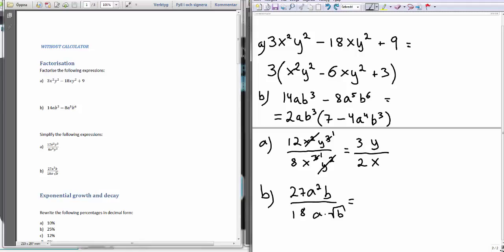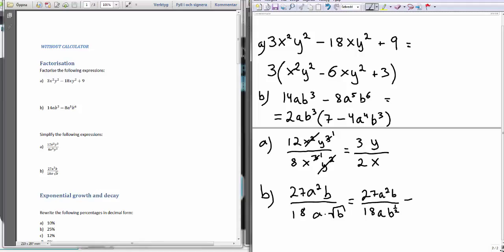So if we write it in exponent form, it's going to look like this: 27a²b. The numerator is the same, and the denominator will be 18a b to the power of a half, or 1 over 2. That's the same thing as square root of b.